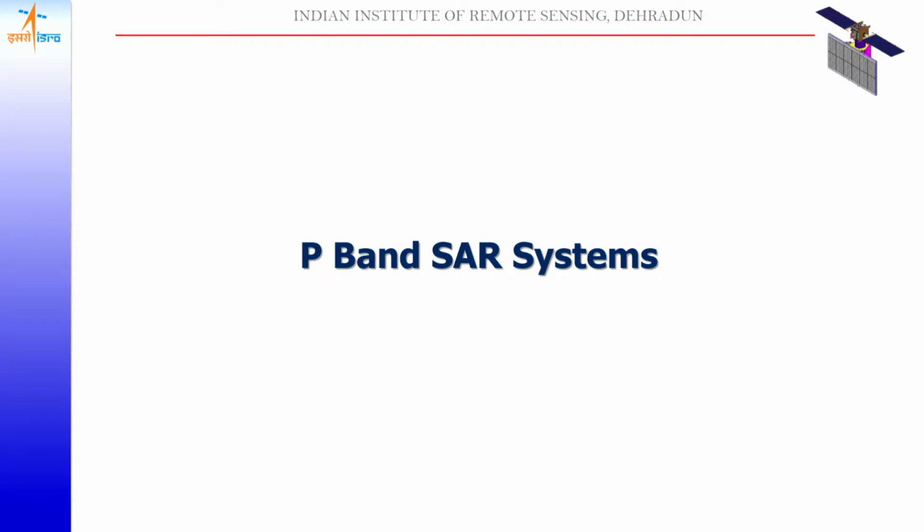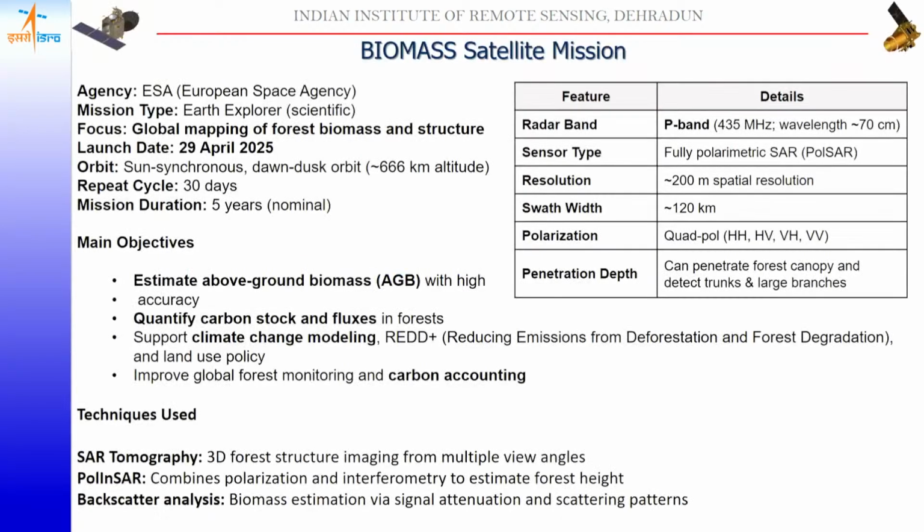Now the P-band SAR system. We have only one spaceborne sensor, the Biomass satellite mission, which was recently launched on 29th April 2025. It has a spatial resolution of around 200 meters, and it is mostly used to estimate above ground biomass with high accuracy.